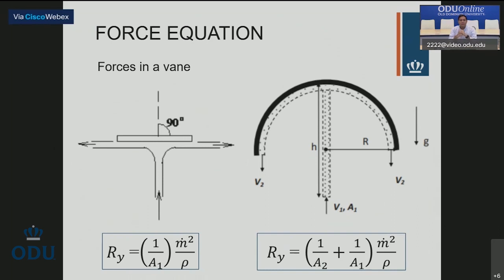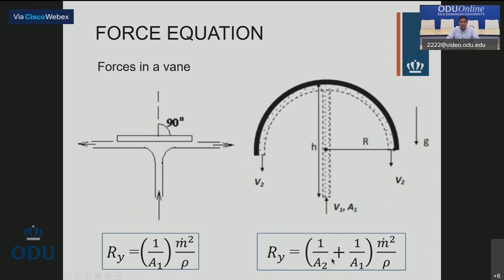Now, one thing that I need you to see is that it is basically the same equation. What I need you to think about will take me to the little homework that I'd like you to work on. Note that the equations are similar, but they're different. The difference is that this has 2 terms, and this one has 1 term multiplying m dot squared over density.